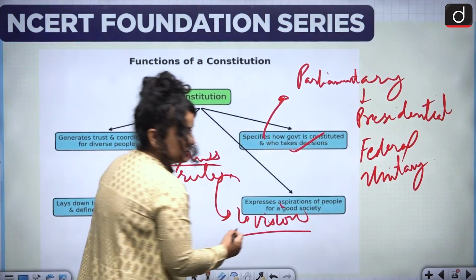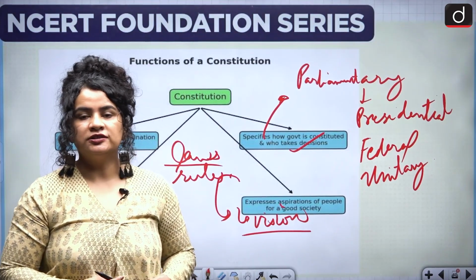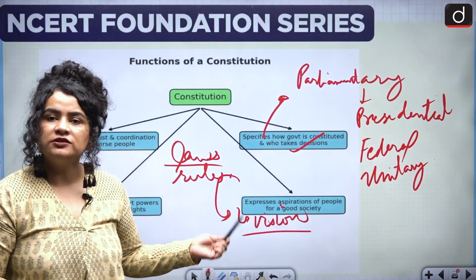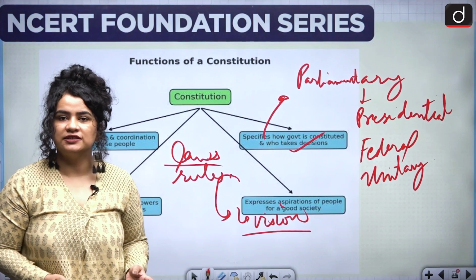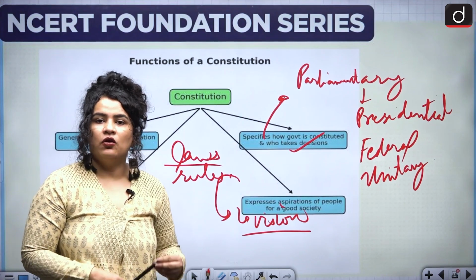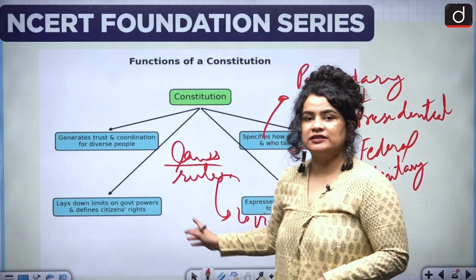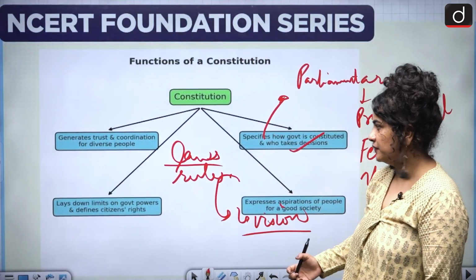Now think about our preamble. It talks about liberty, right? Equality. What is all of that? It is the aspirations of the people, fraternity, unity. That is what we want from a constitution, or all citizens of a nation would aspire to have a just society.